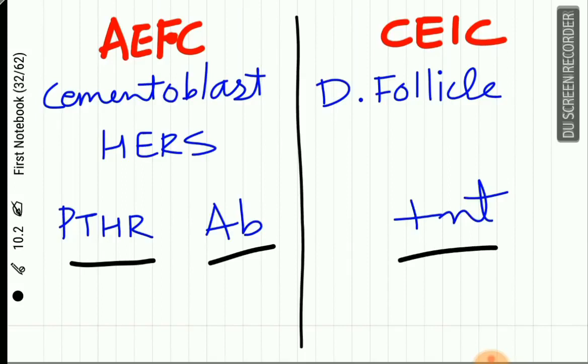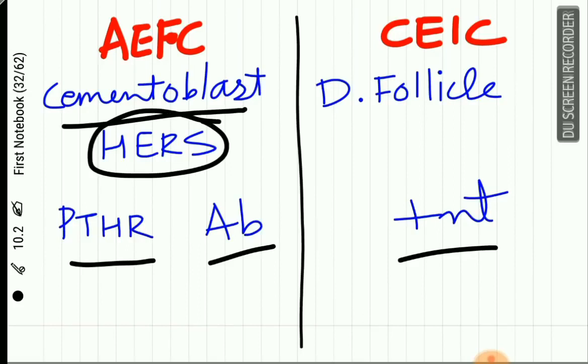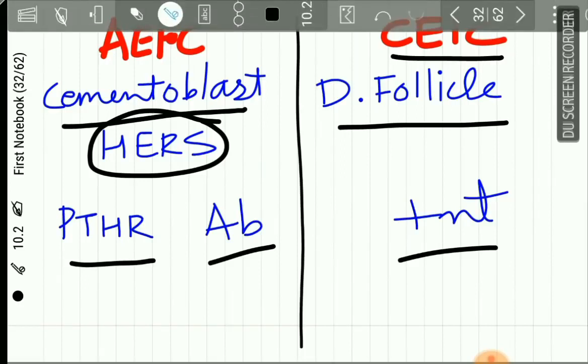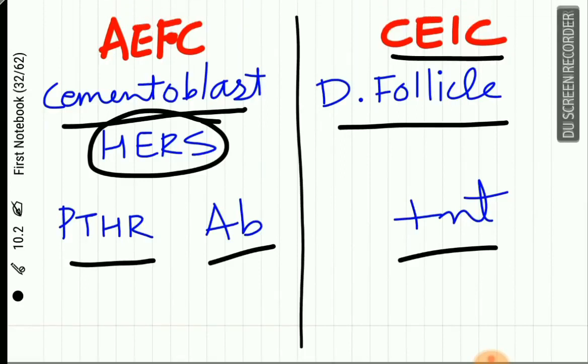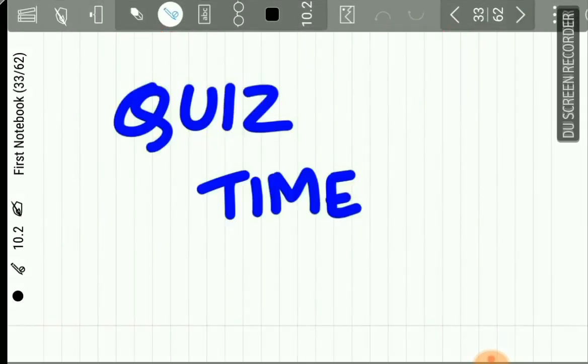Also remember that the cementoblasts are derived from Hertwig's epithelial root sheath in AEFC, and in CIFC they are derived from the dental follicle. We will be studying about this in the next part, cementogenesis. For now, just remember the cementoblasts in AEFC are derived from Hertwig's epithelial root sheath, while the cementoblasts in CIFC are derived from the dental follicle connective tissue.